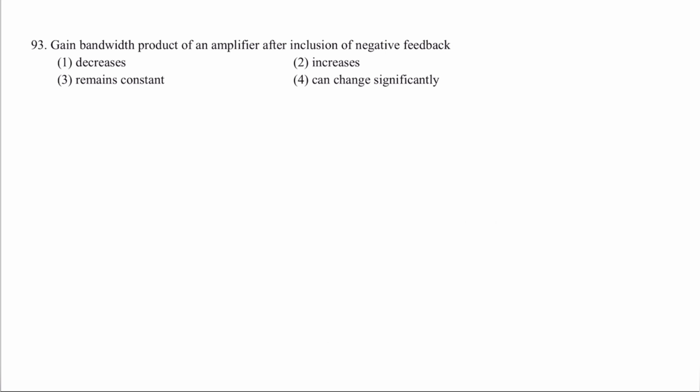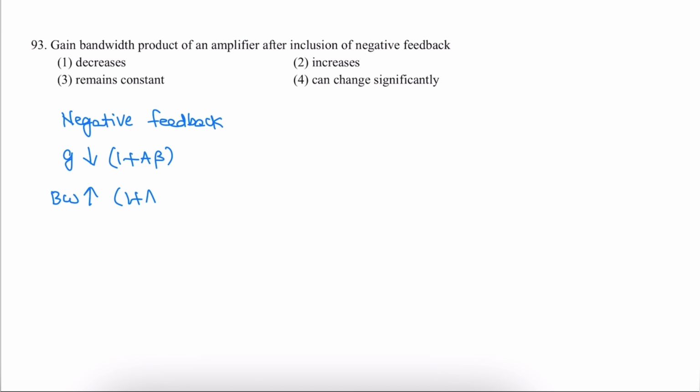Next question. The gain bandwidth product of an amplifier after inclusion of negative feedback. Because of negative feedback in an amplifier, gain decreases by 1 plus A beta times, and bandwidth increases by 1 plus A beta times.